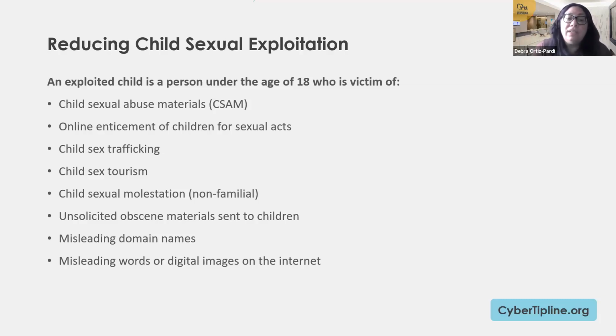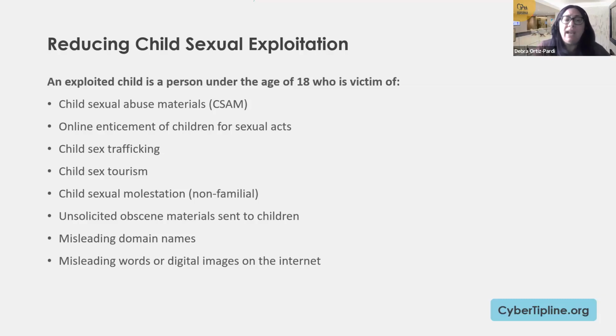And so you will see here at the National Center, we are utilizing this terminology. We're changing the terminology on our reporting form, and there's also movements to update the terminology in federal code to child sexual abuse materials or child sexual abuse imagery. So when I talk about CSAM, that's what I'm referring to.